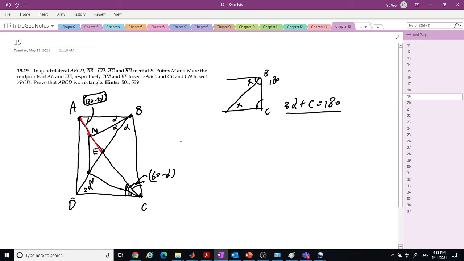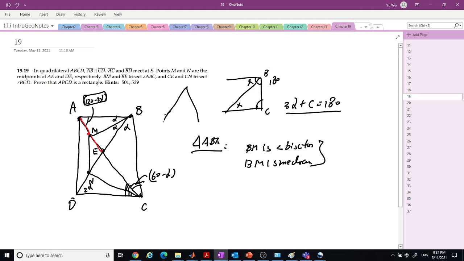So here in triangle ABE, BM is the angle bisector, and BM is the median. What kind of triangle has such properties, both angle bisector and median? It must be an isosceles triangle.